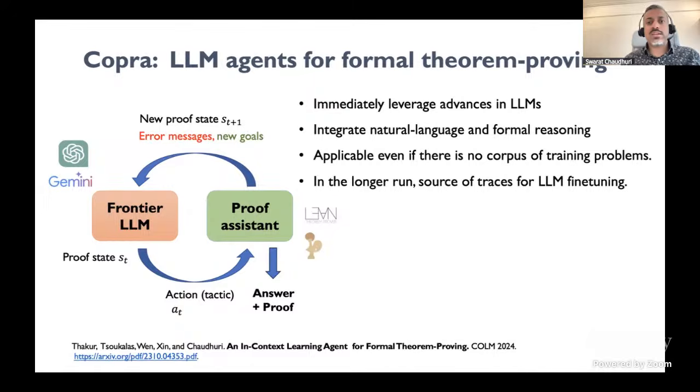Another thing is that this strategy is also applicable even if there is no corpus of training problems. One of the challenges in doing AI for math, once you go outside of settings such as math competitions, is that you're really trying to solve a new problem, right? If you're a math researcher, you're trying to solve a new problem that by design is quite different from the problems that a lot of other people have solved previously.